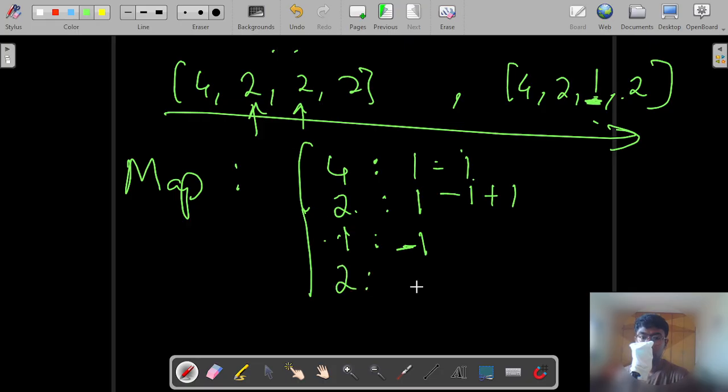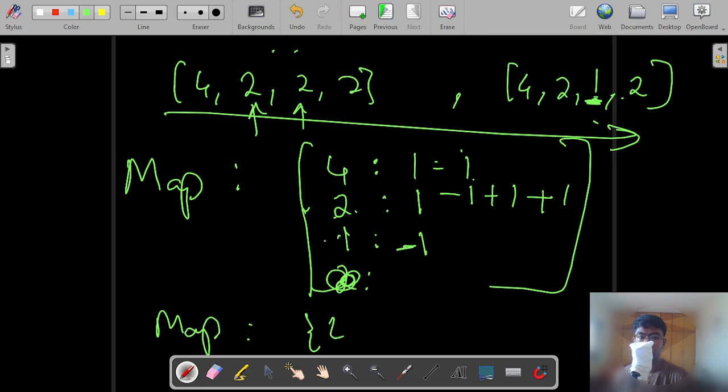Another 2 which we already have here, so we increase it here. So in order to form the map, we have 4 which contains 0, which means it's a balanced value, and 2 which is occurring 2 times, while 1 is occurring minus 1 time, right?